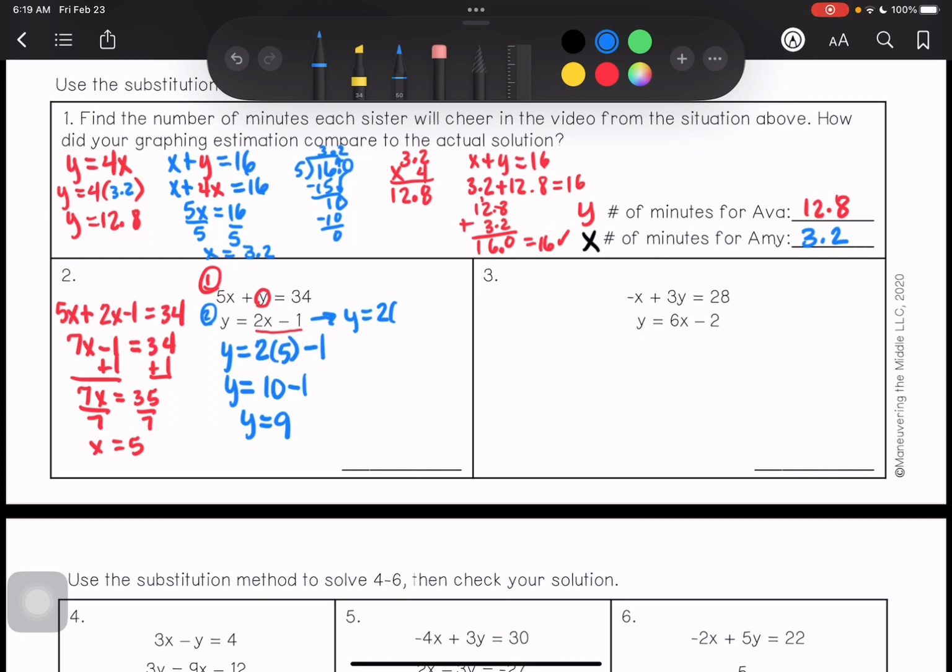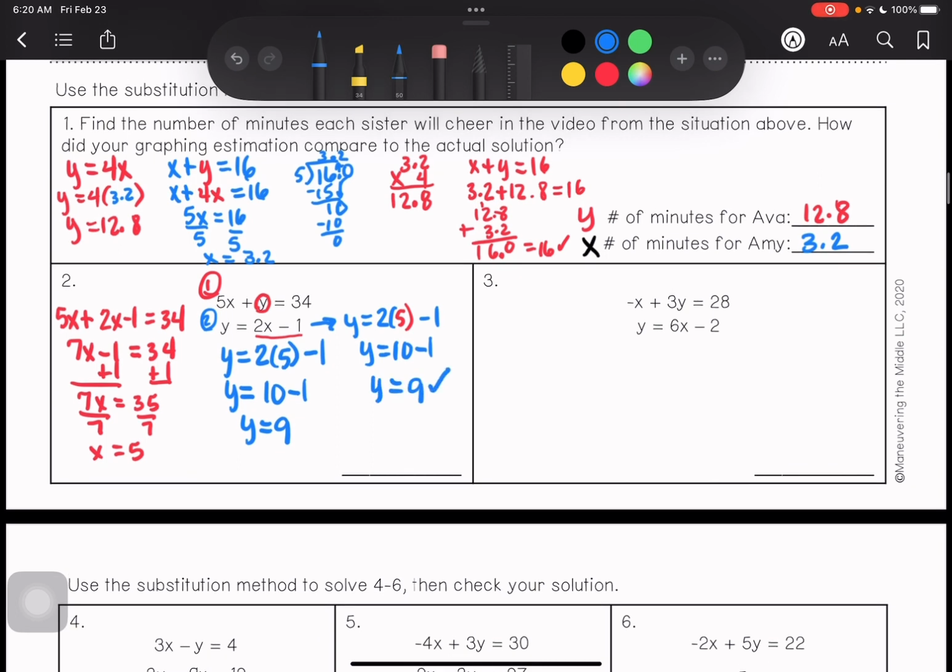No, y equals 2 times 5, because 5 is our x. 2 times 5 minus 1. So y equals 10 minus 1, which equals 9. So it checks correct because you get the solution 5, 9. Because the coordinate is x, y, which is in turn our solution.